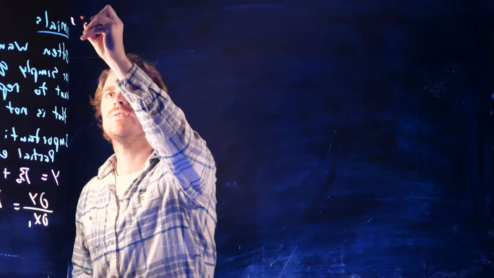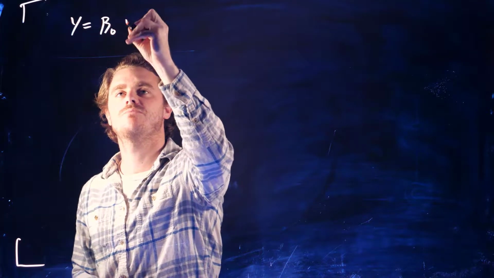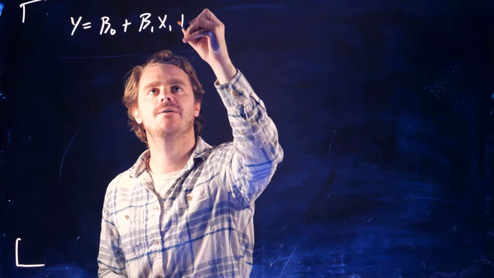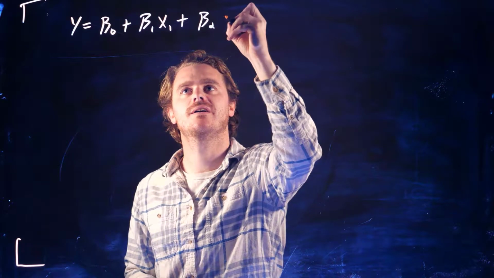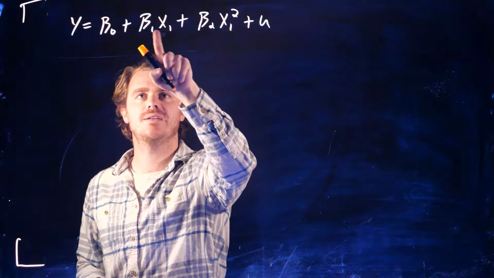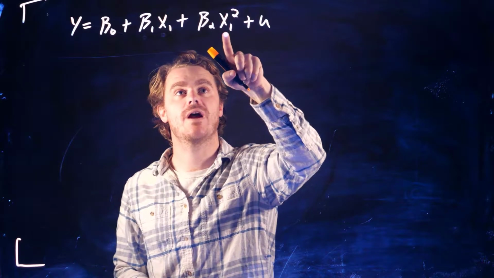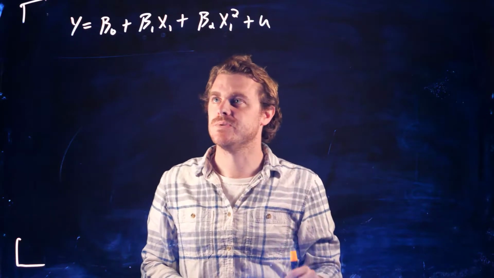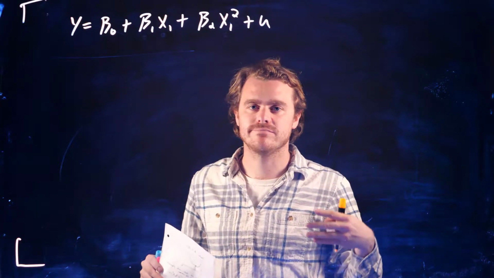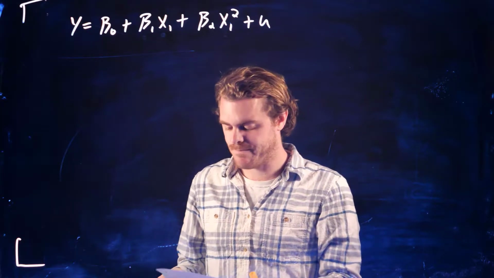Okay, so we wrote out this really simple regression where we just had 3 parameters that we were estimating, but we had this quadratic in x1. So we had x1 times beta 1, then x1 squared times beta 2. So these aren't collinear. We don't have to worry about perfect multicollinearity because they're not linearly related, right?